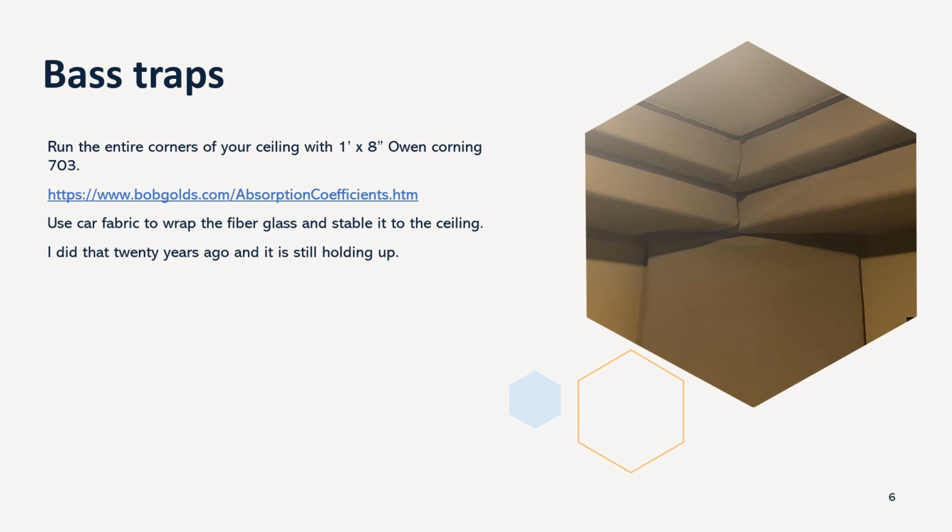From the fabric store, you can get car fabric, which is used to reduce sound inside a car. So I wrapped all the fiberglass in it, and then I stapled it to the ceiling. So I have Owens Corning 703 running along all 4 sides of my ceiling, both front, back, and side. And there was an immediate, drastic improvement to the bass response.